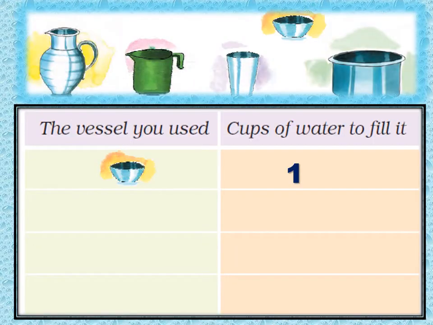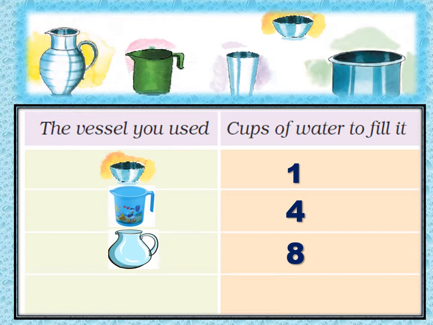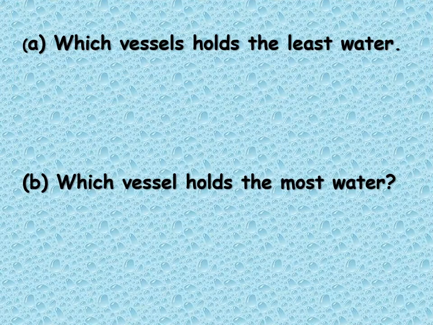So children, after doing the activity, we have observed that a bowl requires 1 cup, a mug fills in 4 cups, a jug fills in 8 cups, and a pot fills in 9 cups. So based on this conclusion, we can now answer these questions.